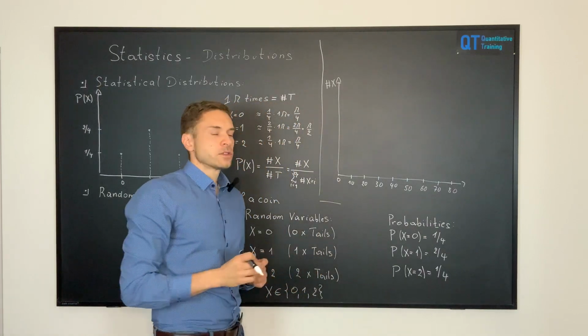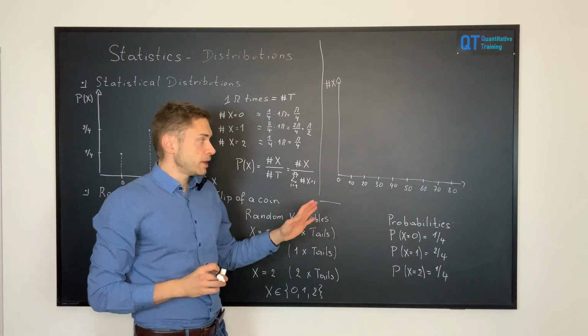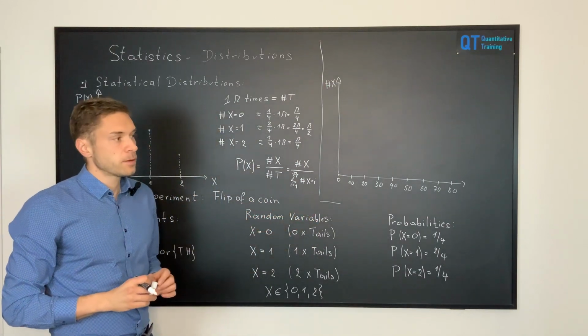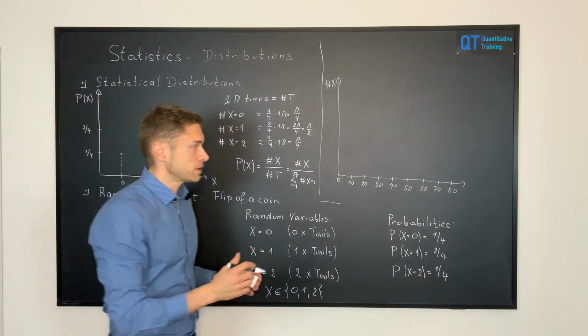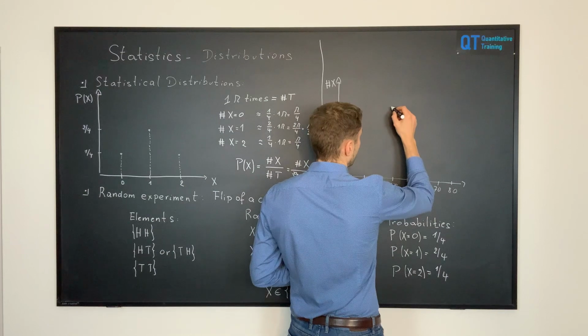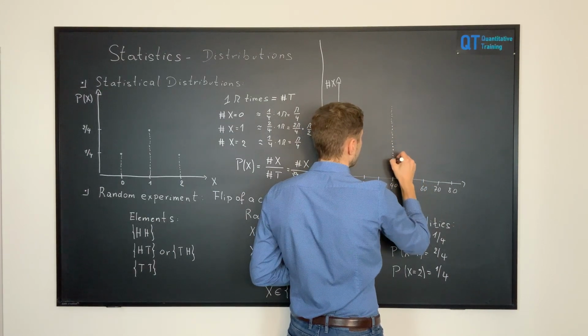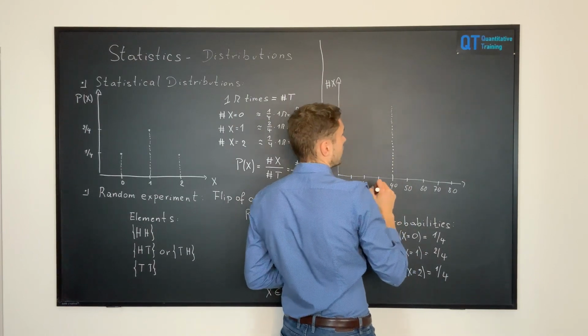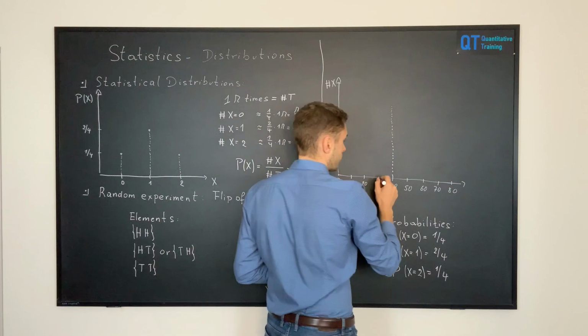When we consider Western civilizations, for instance, we have pretty old populations. So we would see a peak around the age of, let's say, 45 or something. So we would observe a peak, let's say, at the age of 40. At the age of 40, we would have most people that have this particular age. And then around the age of 40 we would see a drop in the number of people.